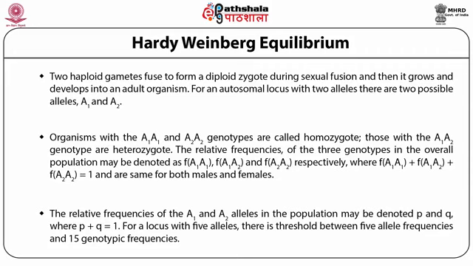For a locus with 5 alleles, there is a threshold between 5 allele frequencies and 15 possible genotypic frequencies. This simplification is particularly useful for a locus with 2 alleles because it allows us to follow change in the frequency of one allele instead of frequency of 2 or more genotypes.